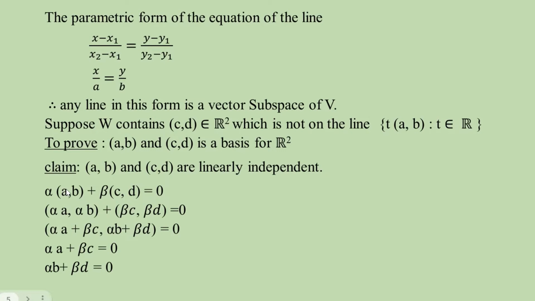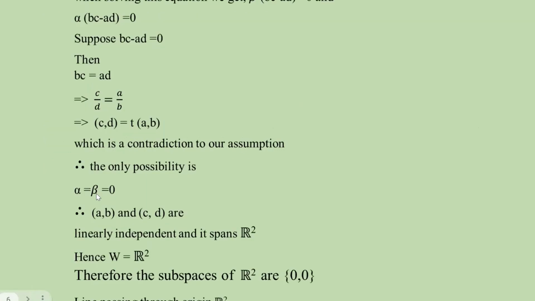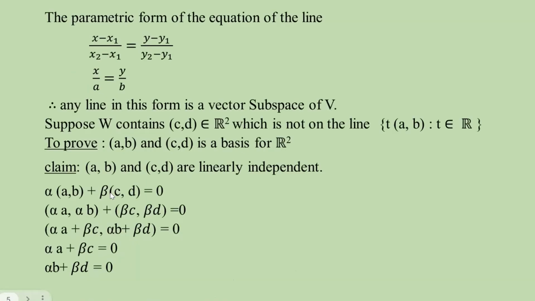So alpha times (a, b) plus beta times (c, d) equal to 0. Then (alpha a plus beta c, alpha b plus beta d) equals 0. So alpha a plus beta c equals 0 and alpha b plus beta d is also equal to 0.